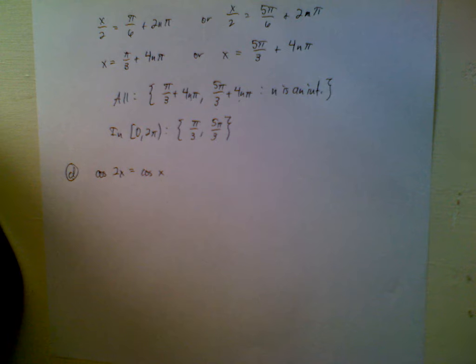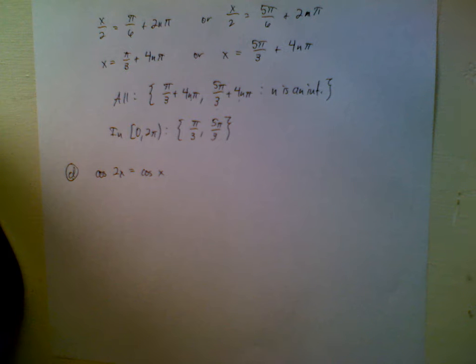I think the best way to do this is to rewrite one of these functions so that it's cosine of the same multiple of the angle. In other words, we either need to rewrite cosine x in terms of cosine 2x, or rewrite cosine 2x in terms of cosine x.